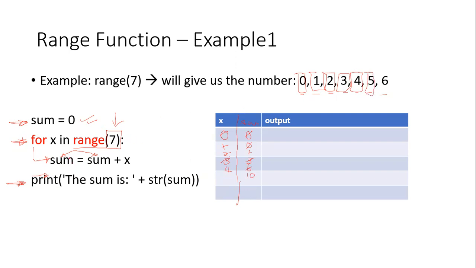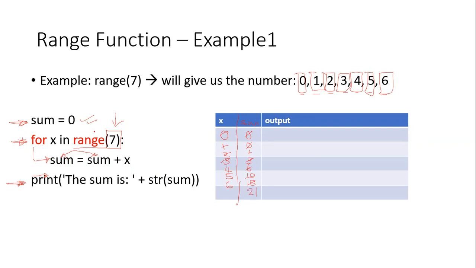Sum plus X. 10 plus 5 is 15. So sum now has the value 15. Go back up, X now has the value 6. Sum 15 plus 6 gives you 21.